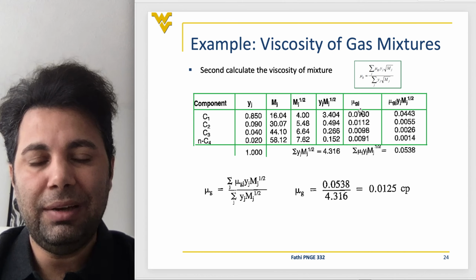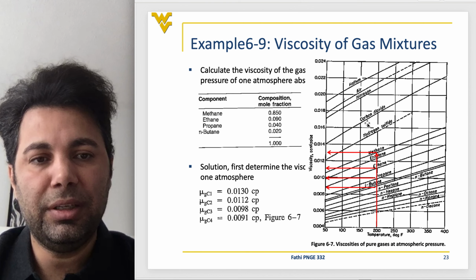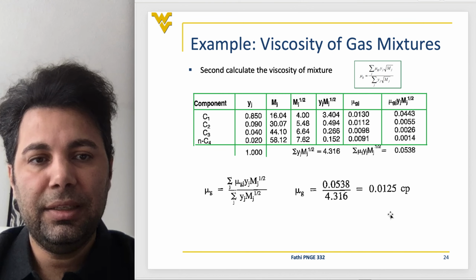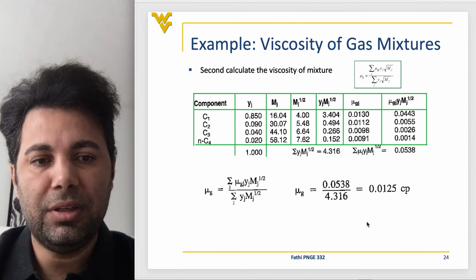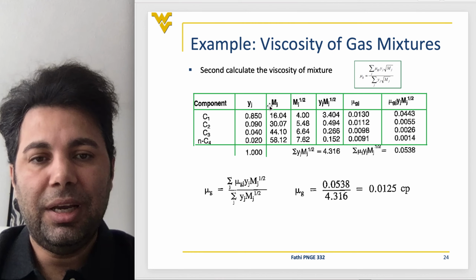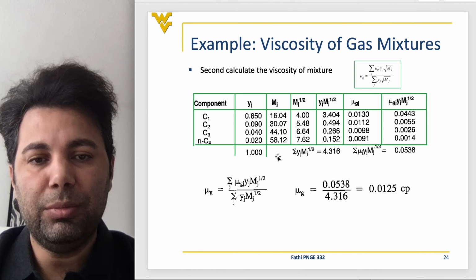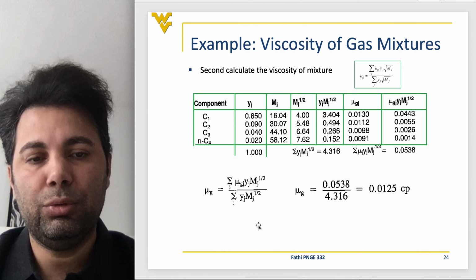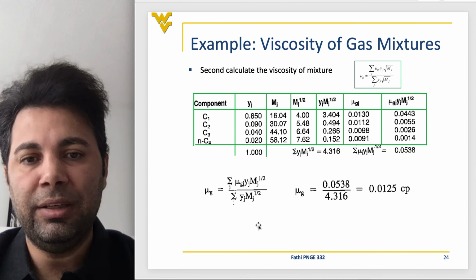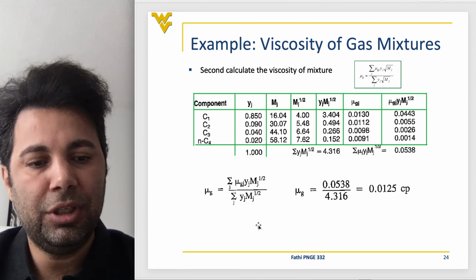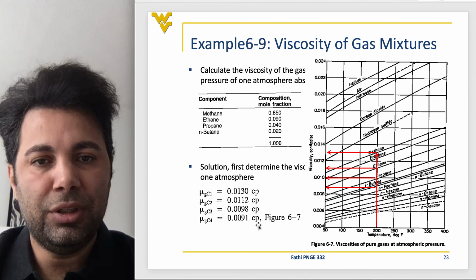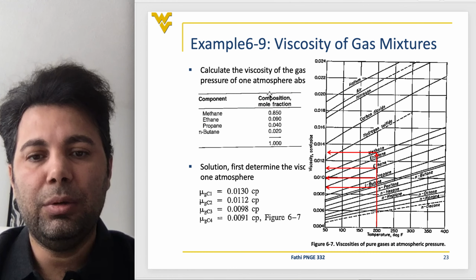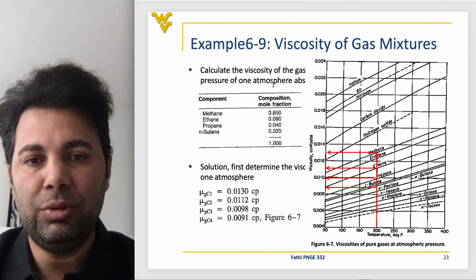For the denominator, you need the viscosity of pure components, which you find from figure 6-7, and then you can find the viscosity at 1 atmosphere. Now that you have the mole fractions and molecular weights, you can find the apparent molecular weight divided by 29 and find the specific gravity. Depending on the specific gravity you got, you can use figure 6-9, 6-10, 6-11, or 6-12 along with TPR and PPR values to find the viscosity at the reservoir condition. So your exam question could be something very similar to this. The only difference would be, instead of finding the viscosity at 1 atmosphere, I will ask you to find the viscosity at the reservoir condition.